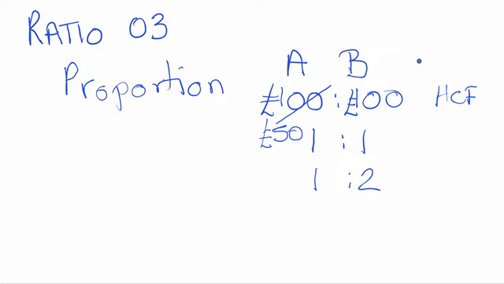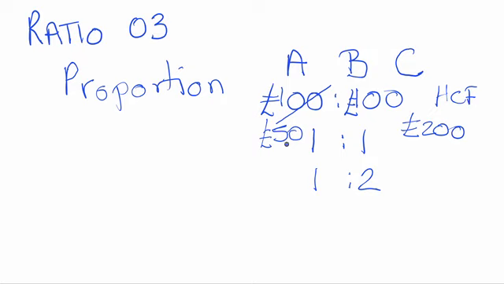And if I were to introduce a third person, C, and if A got £50, B got £100, and if I were to give C, let's say, £200, feeling very generous, then the proportions would be, first of all, I'd need to find the highest common factor, which again is £50.